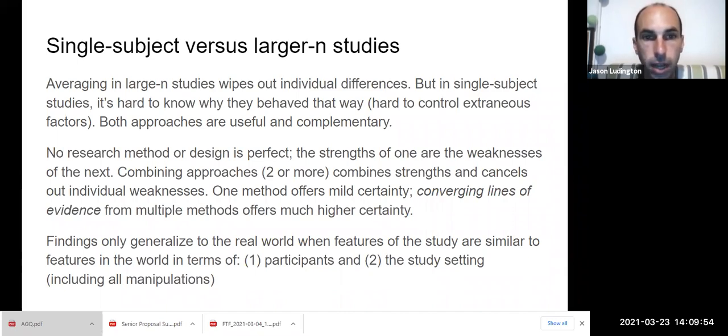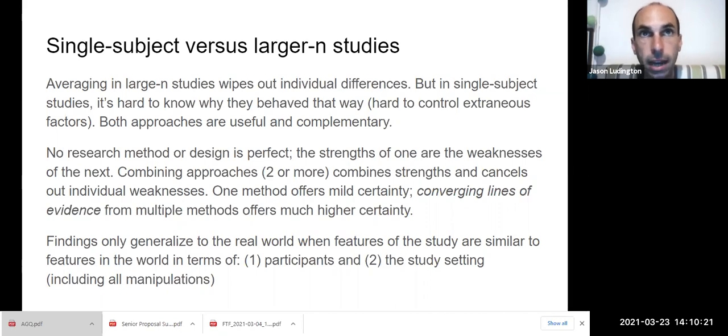Findings only generalize to the real world when features of the study are similar to features in the real world in terms of the participants. Are your participants like those in the real world? And the second part, the study setting. So the study setting should be very similar to real life.